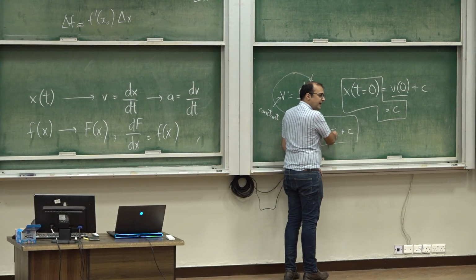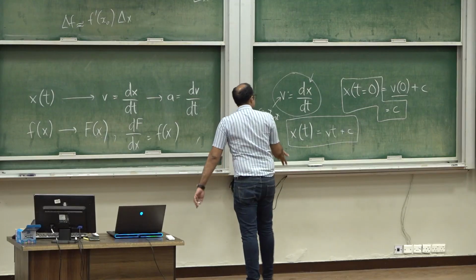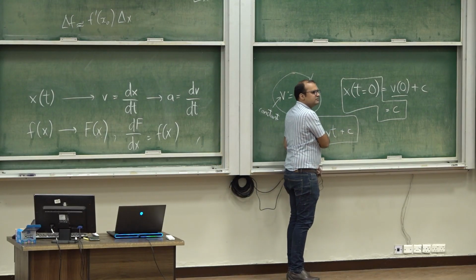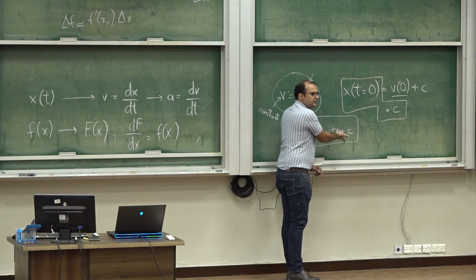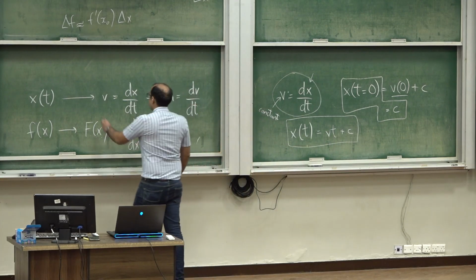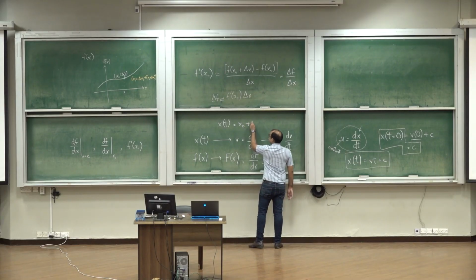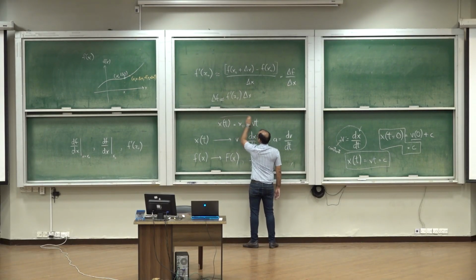So you just get v times 1, which is just v. Okay. Or another way to see this is that this is a straight line with gradient v. What will its slope be? V. Okay. So what we have found is that this is true for constant v.